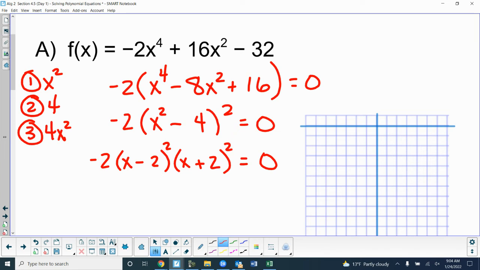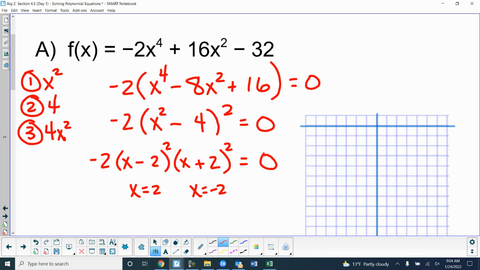So what's making this 0? What value of x makes that 0? Positive 2. You guys with me on that? What makes this one 0? Negative 2. Do I have to go through the work?